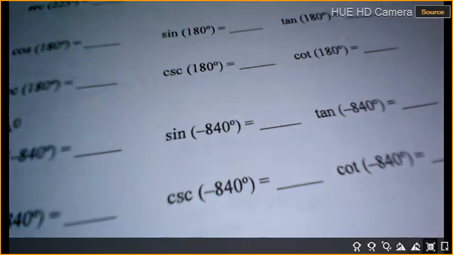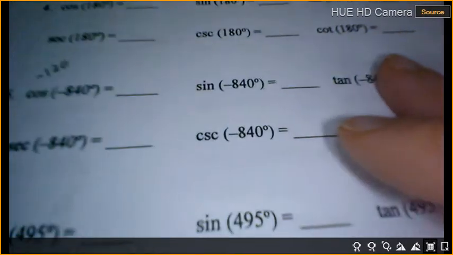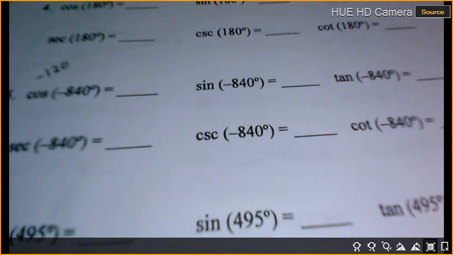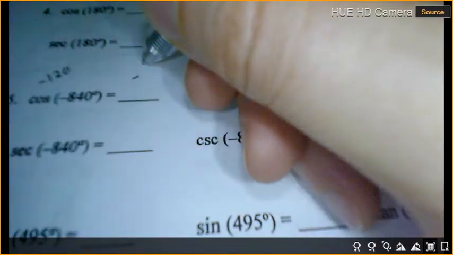So I'm going to go to my unit circle, and I'm going to count backwards: 30, 45, 60, 90. 120 is really 240. Okay, so I'm really looking at 240 because I'm going in the negative direction. It's opposite of it. So the cosine at that is -1/2.